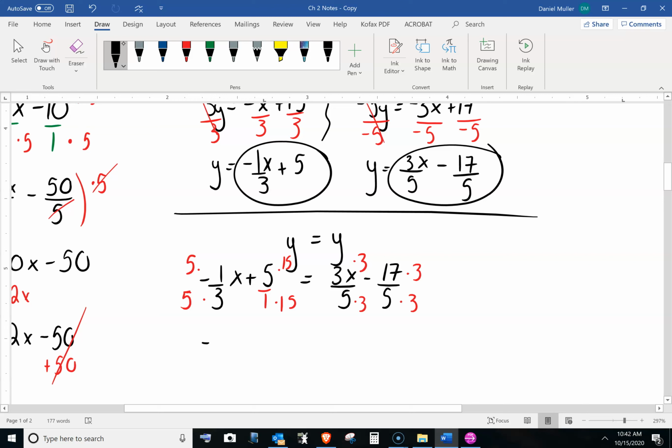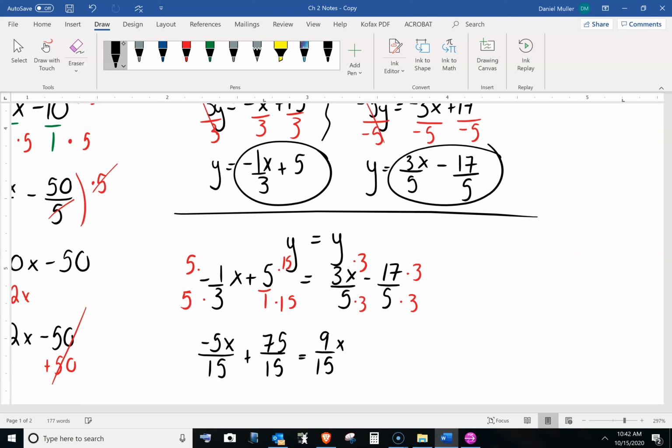So I have a negative 5 x over 15, plus 15 times 5, which is going to be 75 over 15, equals 9 over 15 x, and then 17 times 3, so 51 over 15. And now that you have all the denominators of 15, you can multiply the numerators by 15, which will cancel out all the denominators.